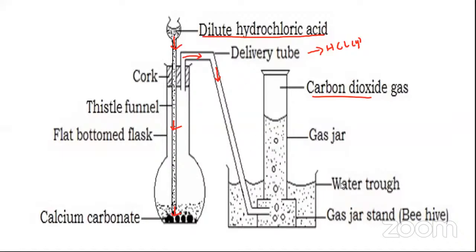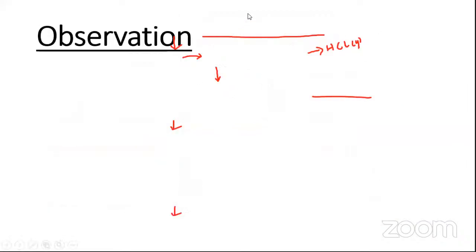So this is the diagram, and I say that this is for just carbon dioxide. It is not dry and it is not pure, and I say it contains hydrogen chloride gas. So we need to look at observations. When we see observations, we want to see what really happens. What are we able to see?